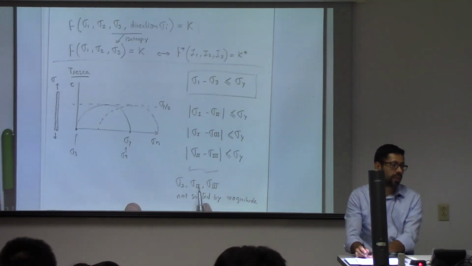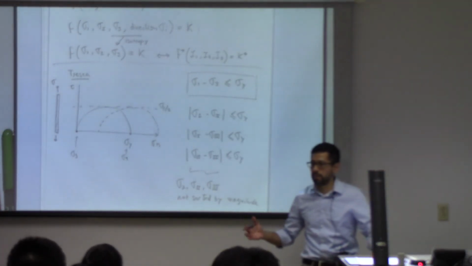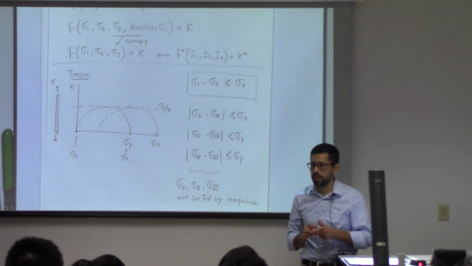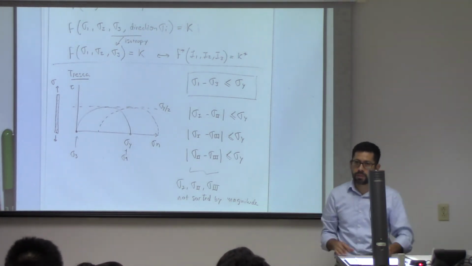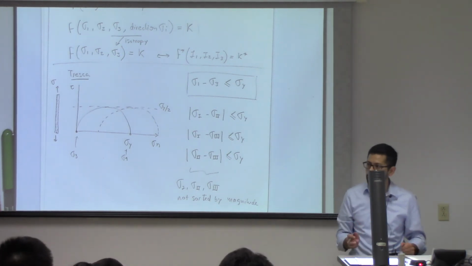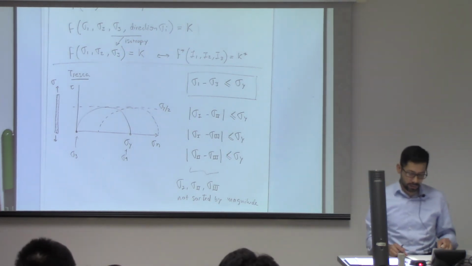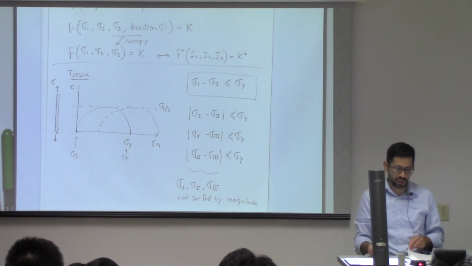Any of these could be the maximum principal stress, or any of those could be the minimum principal stress. I'm just computing principal stresses, and I'm not sorting them. I just want to make this a little bit more general.